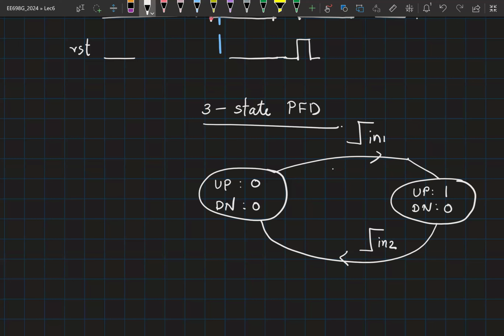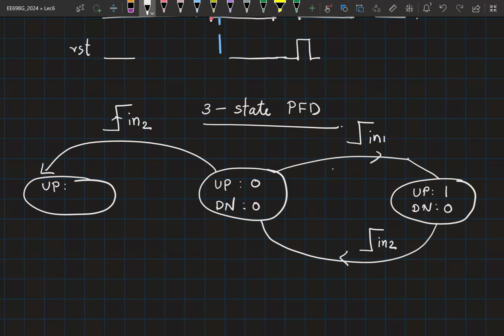You have a temporary state in between, but that is okay, right? The stable state is up equal to 0 and down equal to 0. Similarly, if you have a rising edge in 2, you go to up equal to 0 and down equal to 1. And you come back to this state on the rising edge of in 1. So you have three stable states as output. Therefore, this is a three-state PFT.